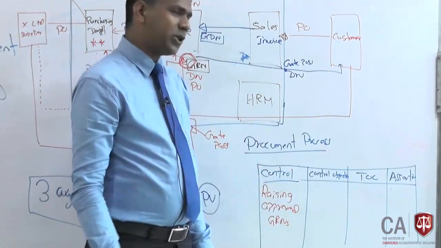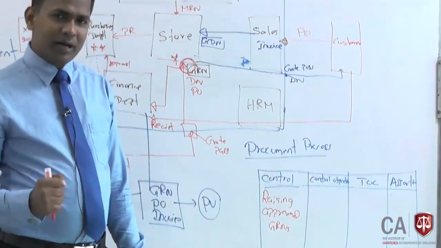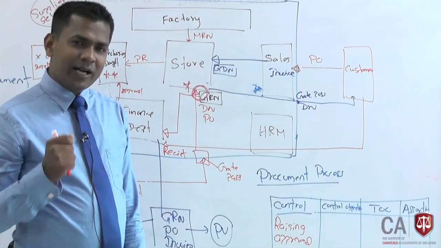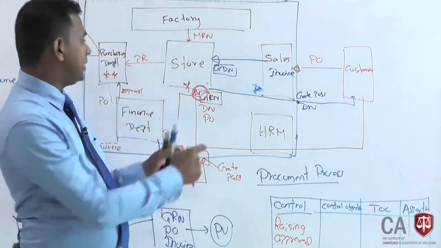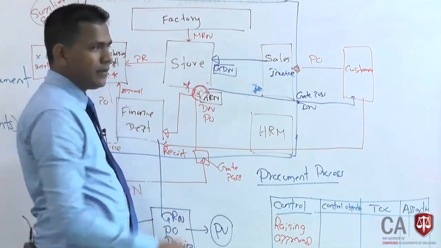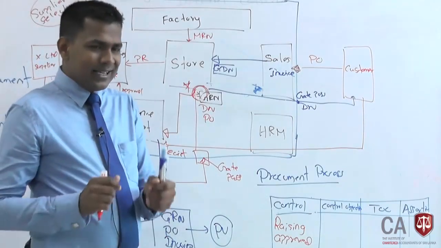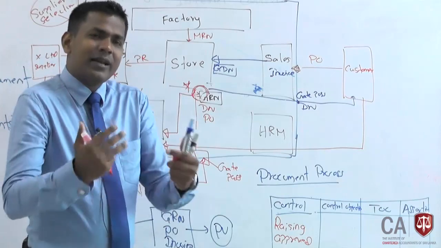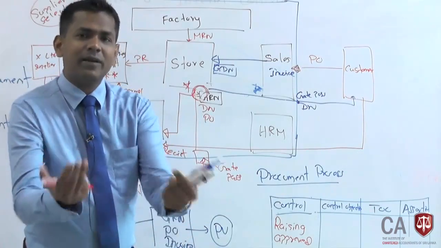So the control objective is what? In order to ensure what we have accounted, because based on the GRN only the general ledger will be updated as a purchase. Whether what we have accounted really represents what we received.